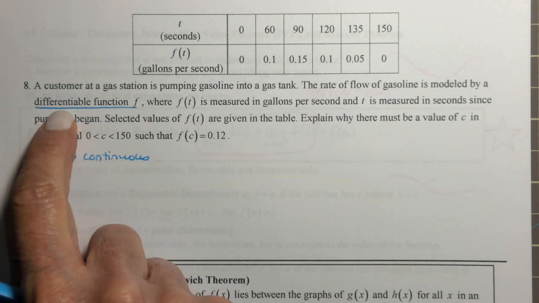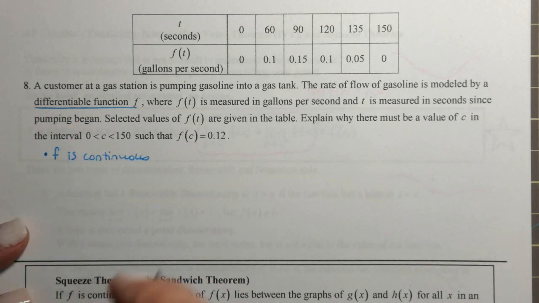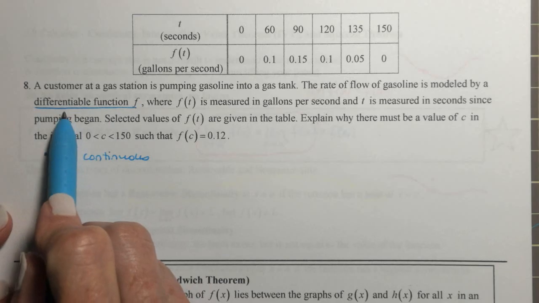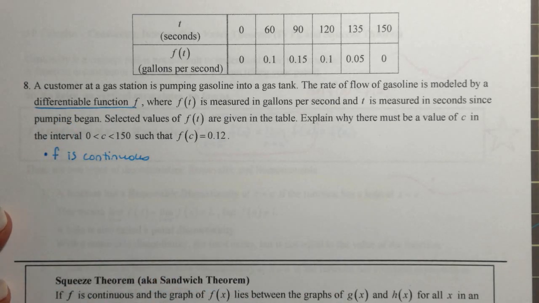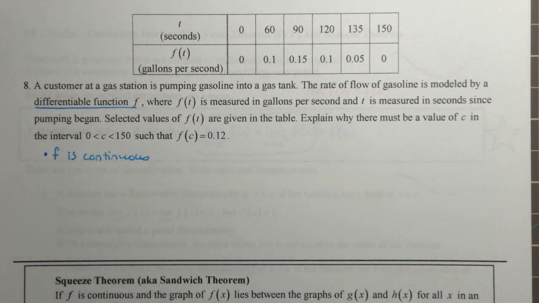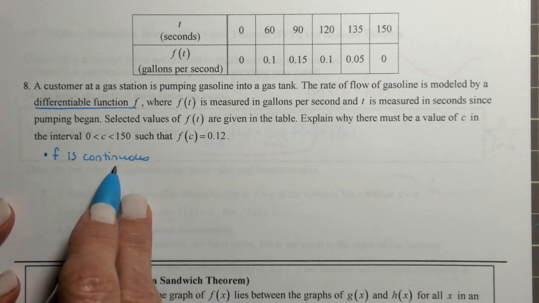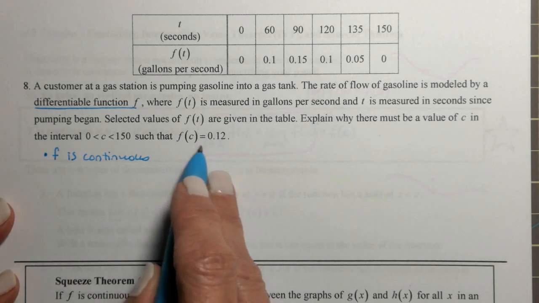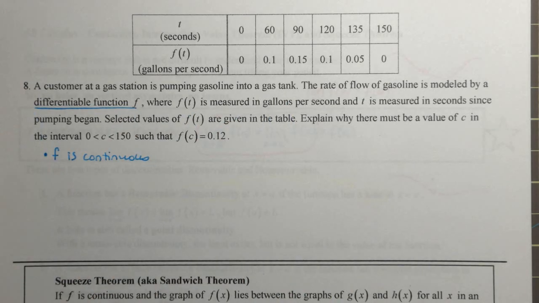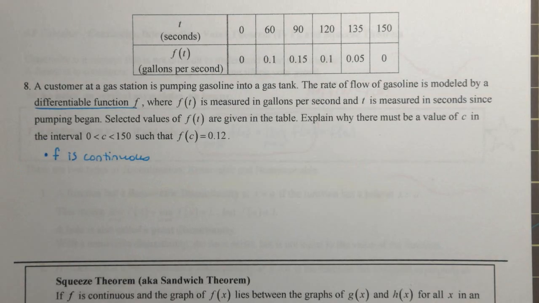And again, I am using what we learned in pre-calculus here, but if f is differentiable, then f must be continuous. Not just on an interval, but everywhere, right? So I'm just going to leave it that f is continuous. This time I'm not going to state a specific interval, because I don't have to. If it's continuous everywhere, then it's continuous on the little interval that I need it to be on.